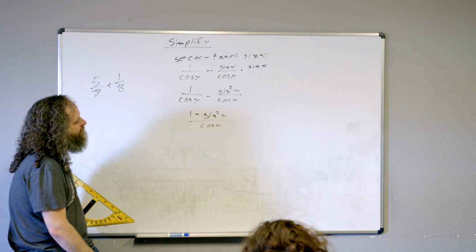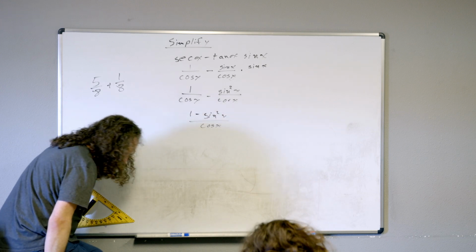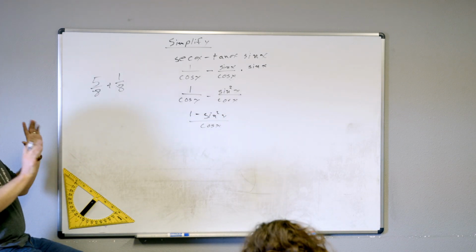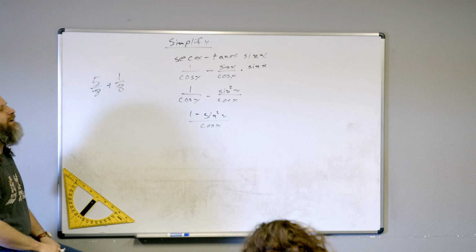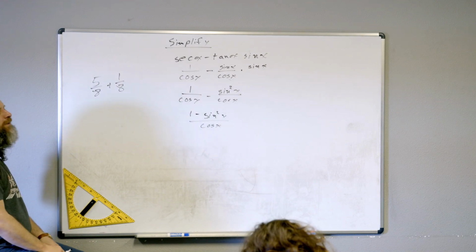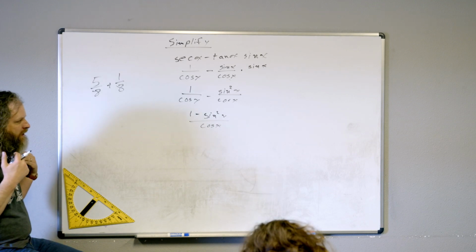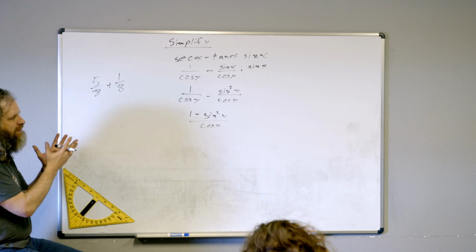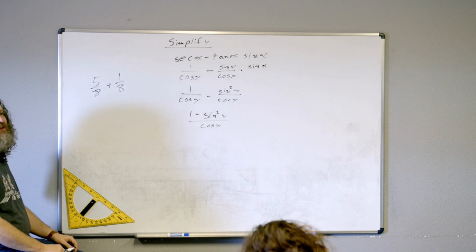So there should be one chunk of identities that is screaming in your head right now. It probably isn't yet because this is the first one of these that we've done, so we're not really exercising in that space yet. But there is a group of identities. Pythagorean, because of the square.